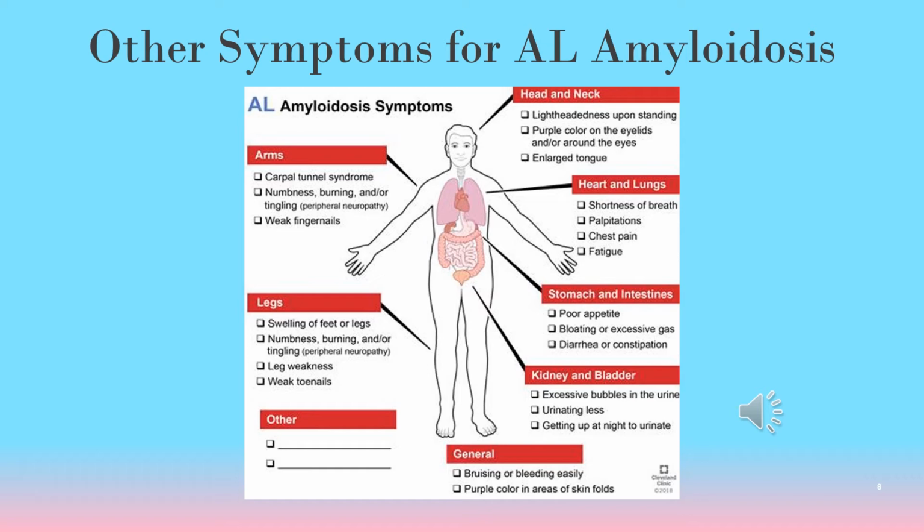Now, another thing that is interesting with this is it talks about down below that bruising and bleeding easily is a sign with this illness. And so is purple striations in areas of skin folds.